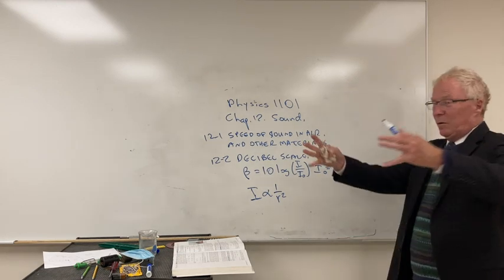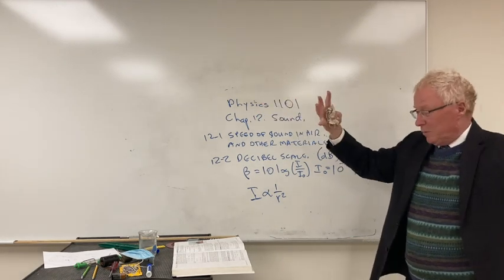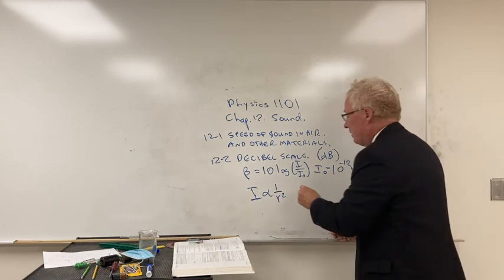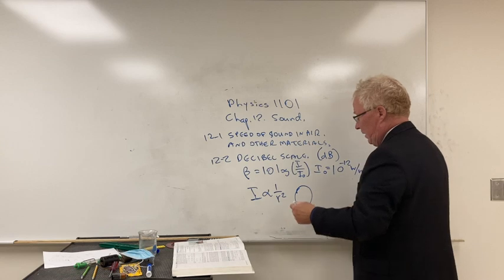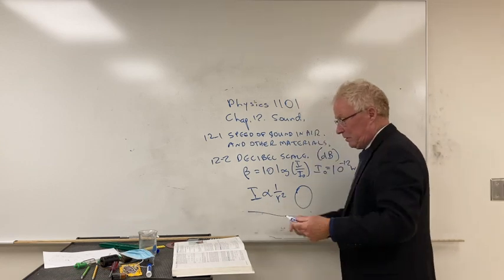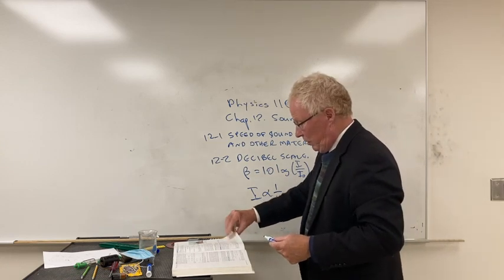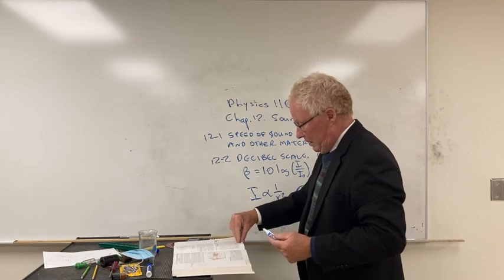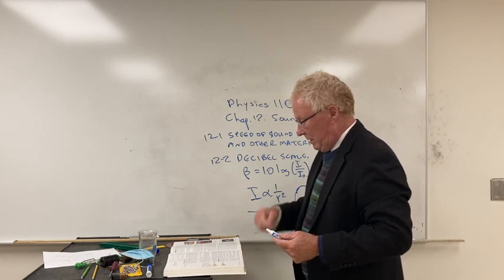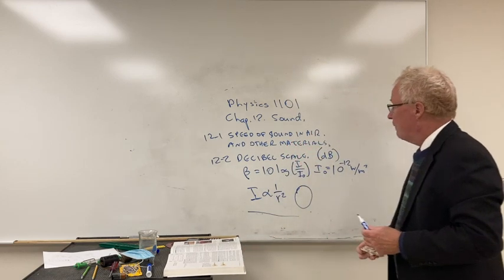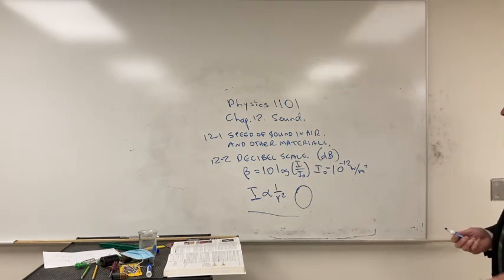So this is how intensity goes out. We'll see this more when we talk about light radiation, but it basically goes as a surface area as far as this is concerned. So that's just basically 12.2. Nothing in 12.3, 12.4, so I'll leave that up for a minute.